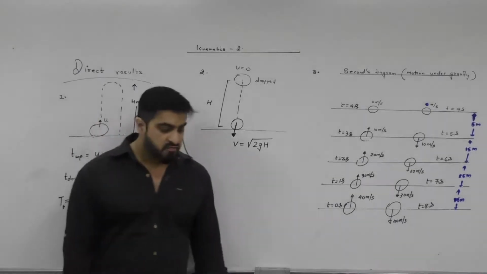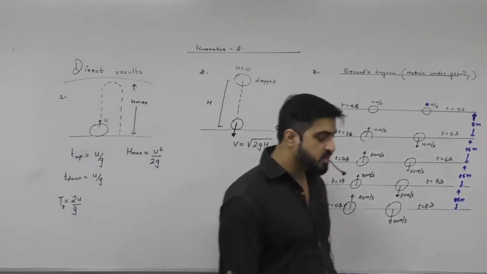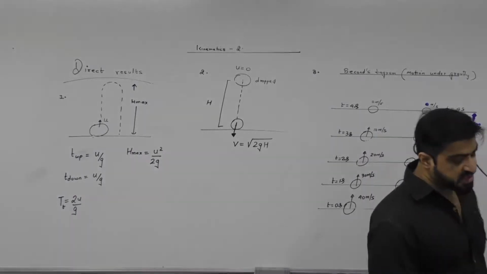A body is thrown upward with a speed of 30 meter per second.